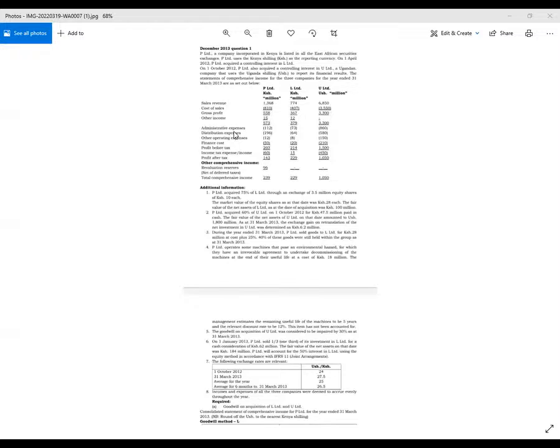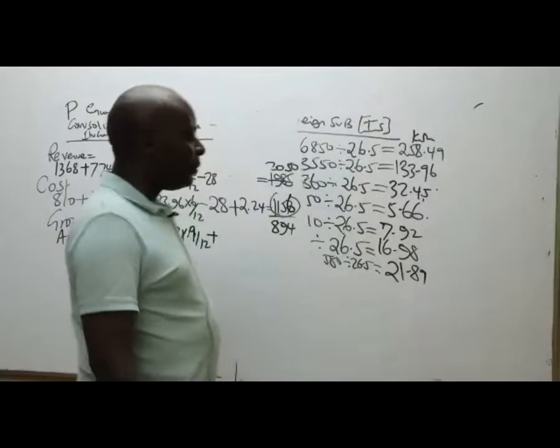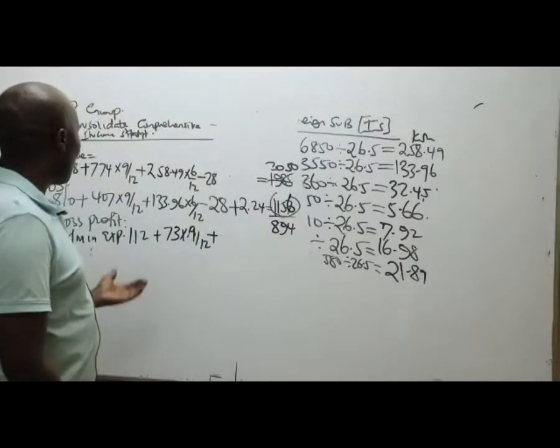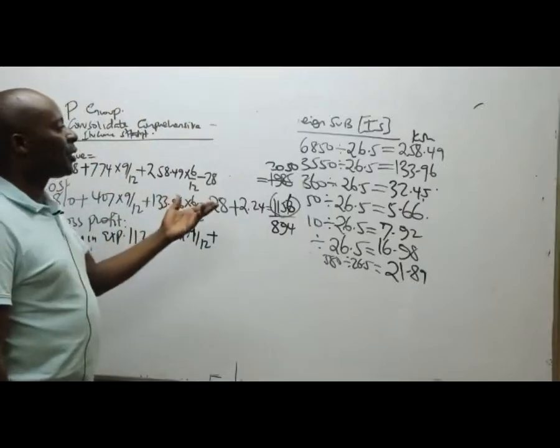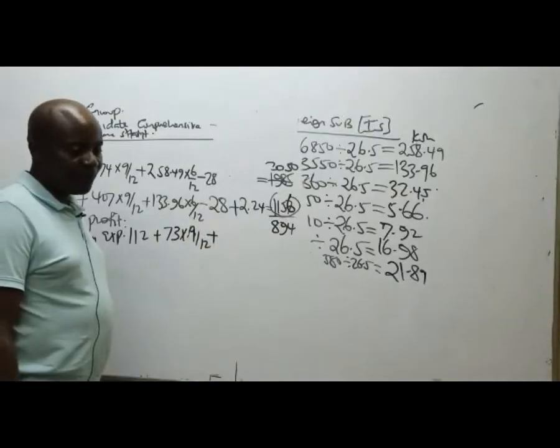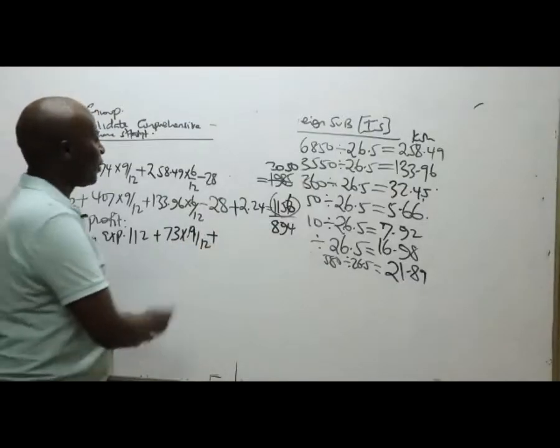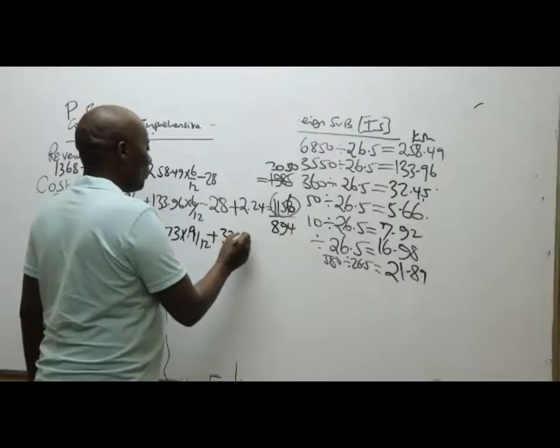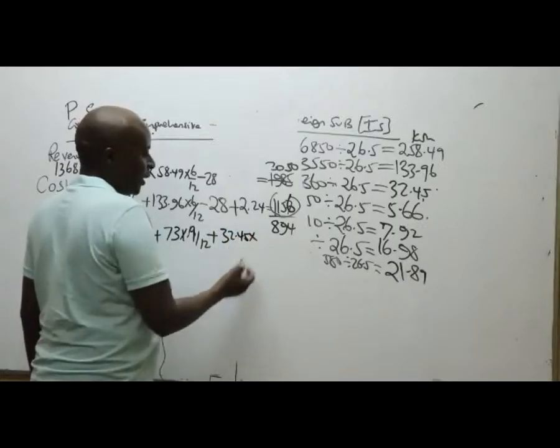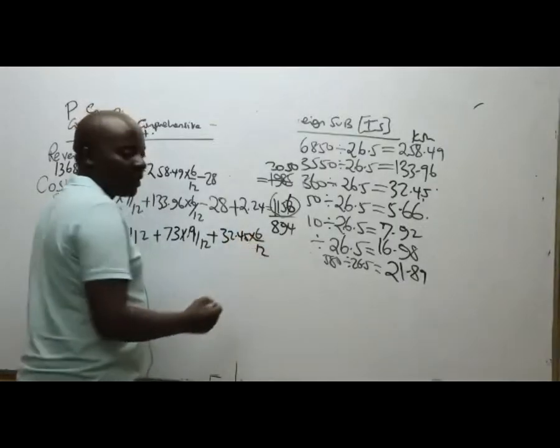Who can remind me what is the administrative expense of the Ugandan subsidiary? 32.45. Thank you very much. So this 32.45 has to be prorated with 6/12.